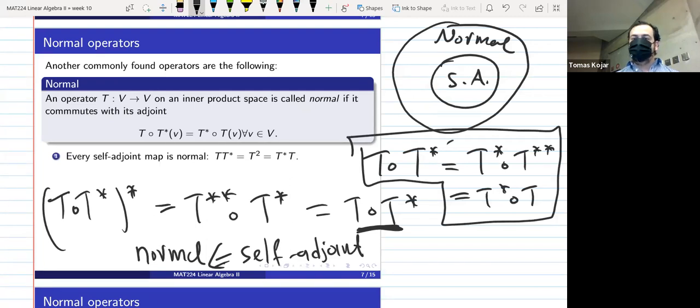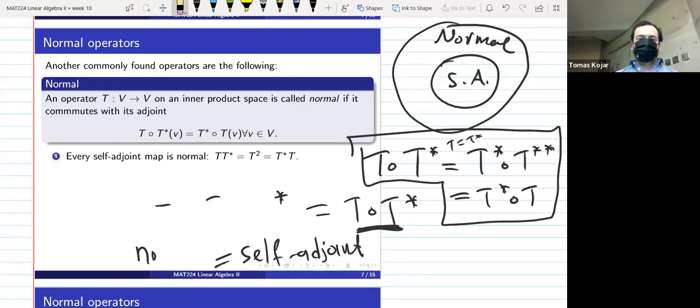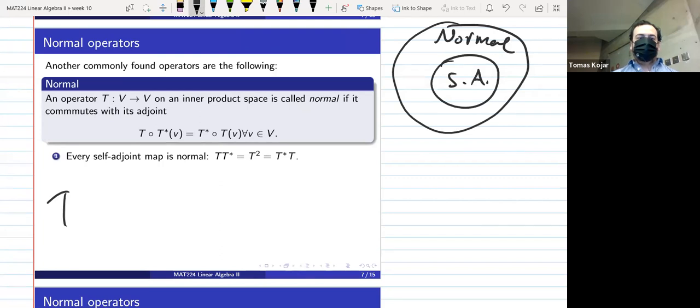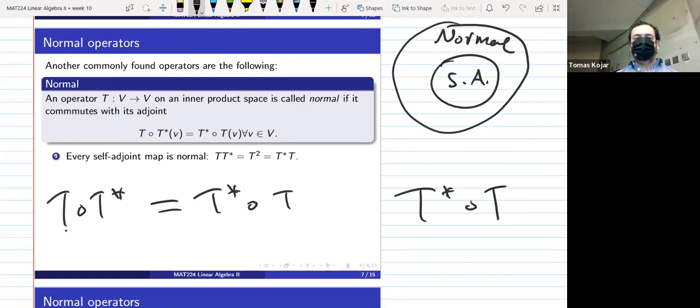No. T is equal to T star. Again, I need to get to T star T. T is equal to T star. I didn't do any switching. I just said T is T star.